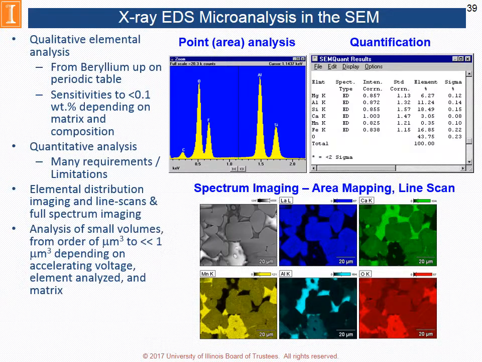The spatial resolution of EDS varies from several cubic micrometers to smaller than 1 cubic micrometer, depending on the accelerating voltage used, the element being analyzed, and the matrix. The energy resolution is not very high for EDS, over 100 electron volts, so there might be overlapping issues for some elements.